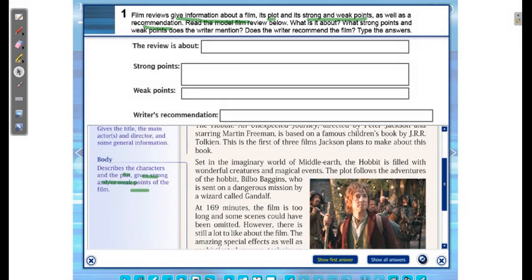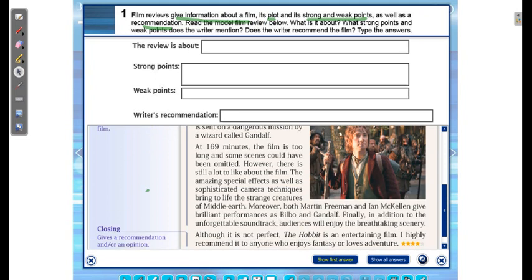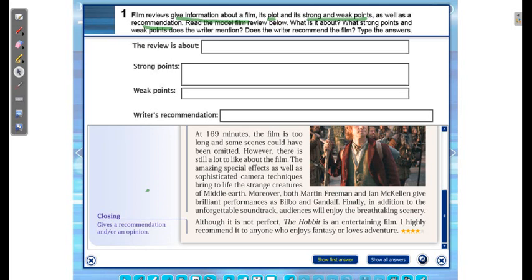In the body, what we have is the description of the characters, the plot, and the strong and weak points of the film. That goes in 2 paragraphs. And then we have a last paragraph, which is the closing, where we give our recommendation and our personal opinion.